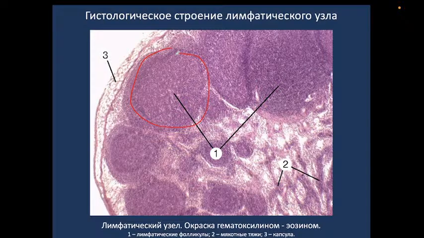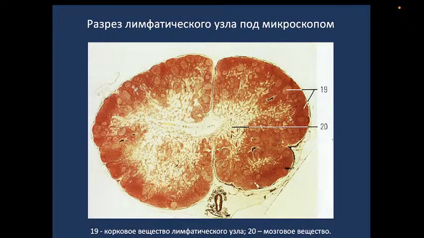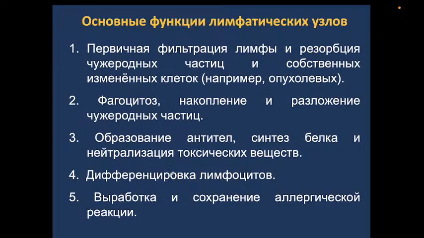The histological structure of lymphoid nodes has the same lymphatic follicles located in the cortex and visible. This is a total histotopogram of the lymphoid node, and the medulla is visible, the internal structure, and the cortex is located around the medulla.